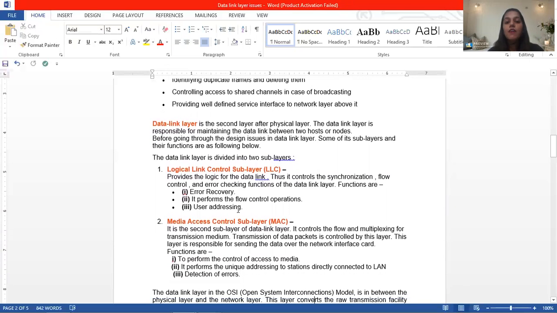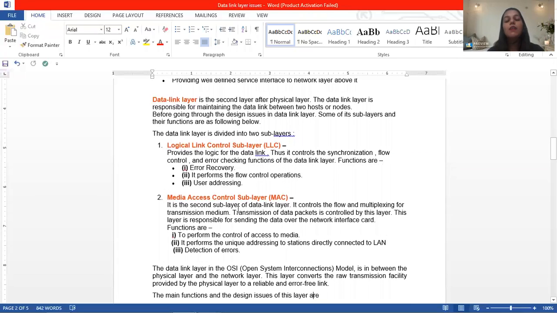And the second one is the MAC layer, the media access control sublayer. It is the second sublayer of the data link layer, and it controls the flow and multiplexing for transmission media. Transmission of data packets is controlled by this layer, which is responsible for sending the data over the network interface card, the NIC. It performs access control to the media, unique addressing of stations directly connected to the LAN, and detection of errors.